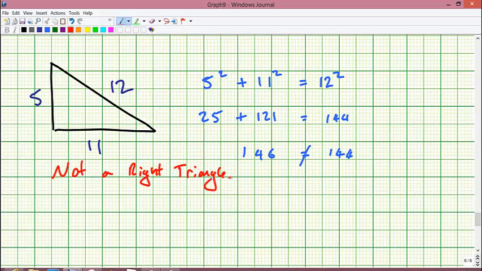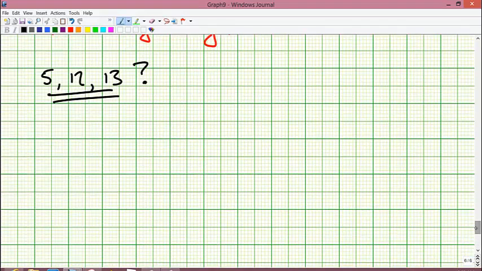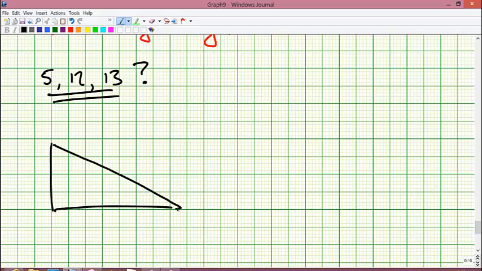Okay. Let's try a different problem. Let's try a triangle with sides 5, 12 and 13. Is that a right triangle? Well, we have to do exactly the same thing as before. The best thing to do is to sketch our triangle and put in the sides in the appropriate places.